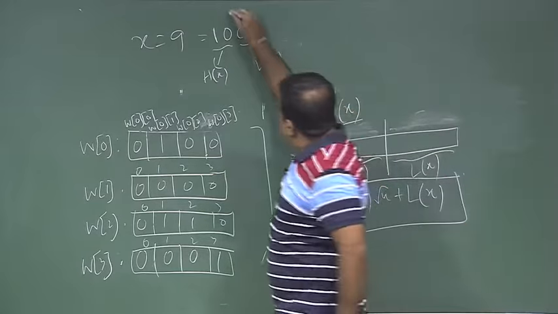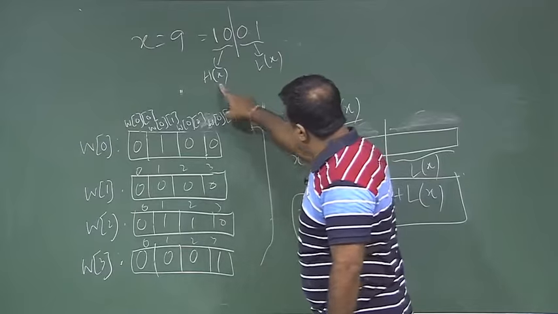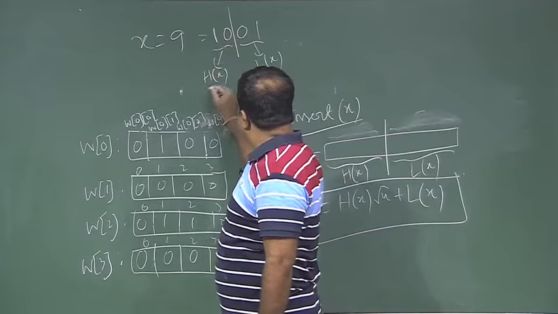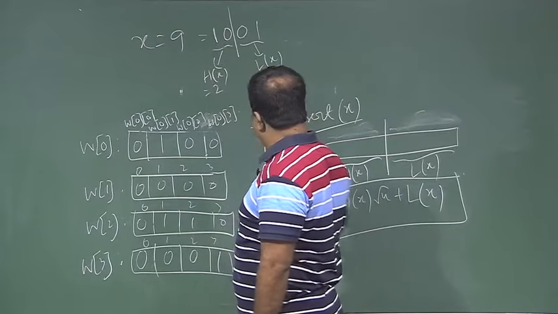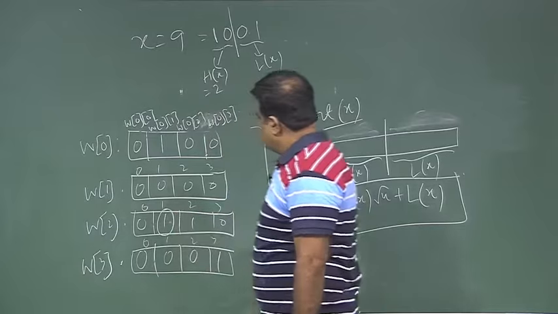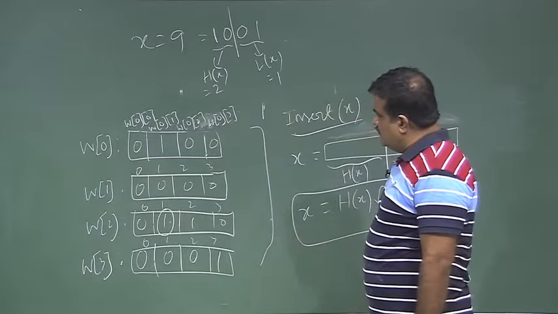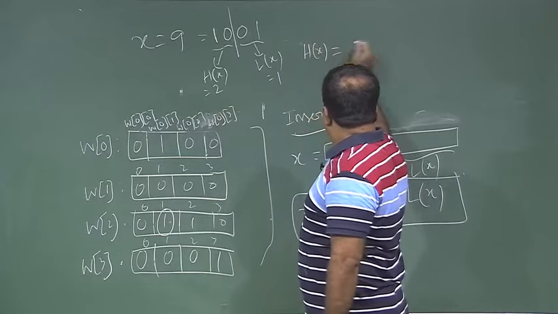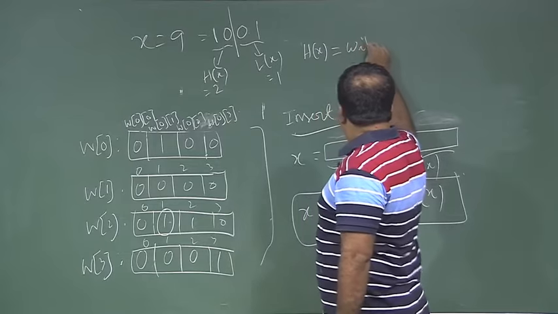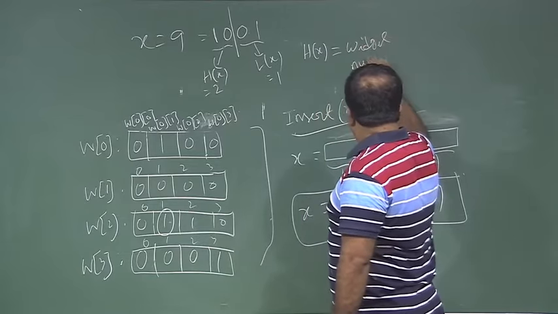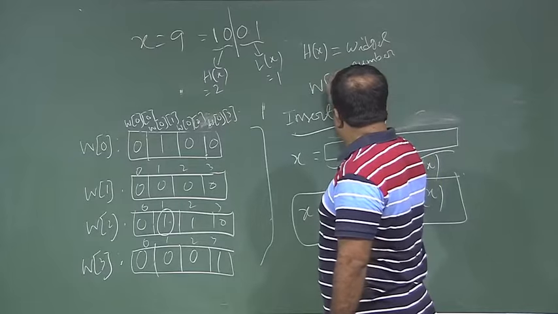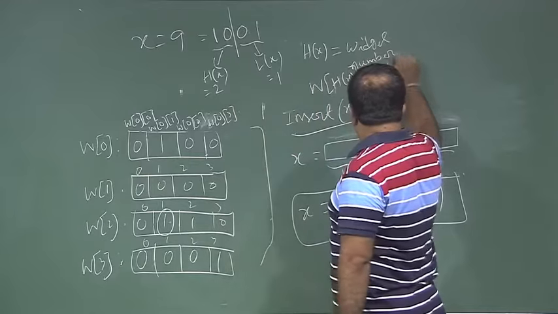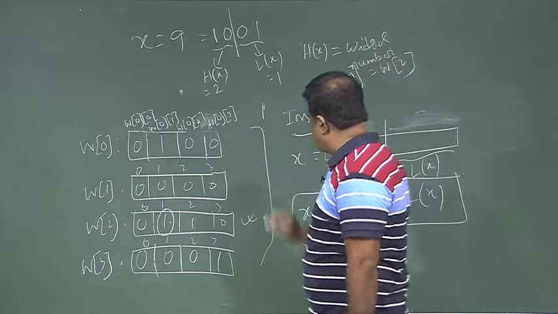This high of x will give the block number. So, what is h? H is 2 and low is 1. So, this is basically the position of 9 in this 2-dimensional array, because h of x gives us the block number, the widget number. So, basically W of h of x. Here h is 2, so basically W2, which is this block.